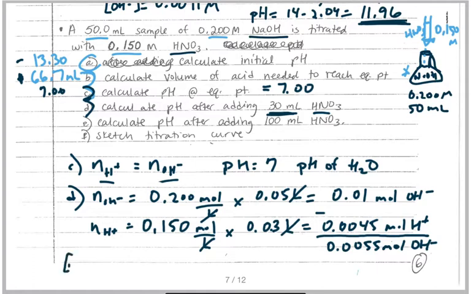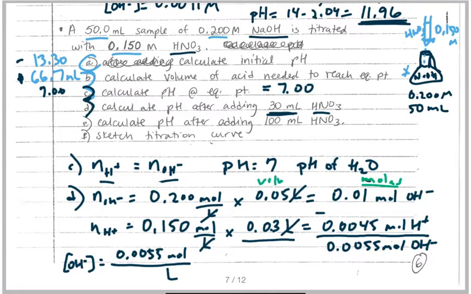All right, that's the number of moles. But to get the concentration of hydroxide, we need moles per liter. So 0.0055 moles divided by the volume in liters. Over here we've calculated the moles, and over here, these are the volumes that we added.